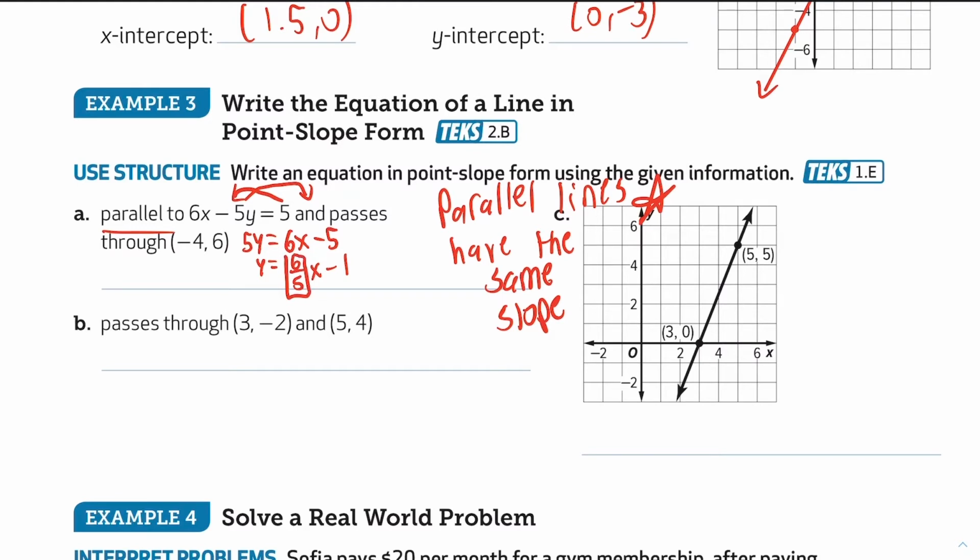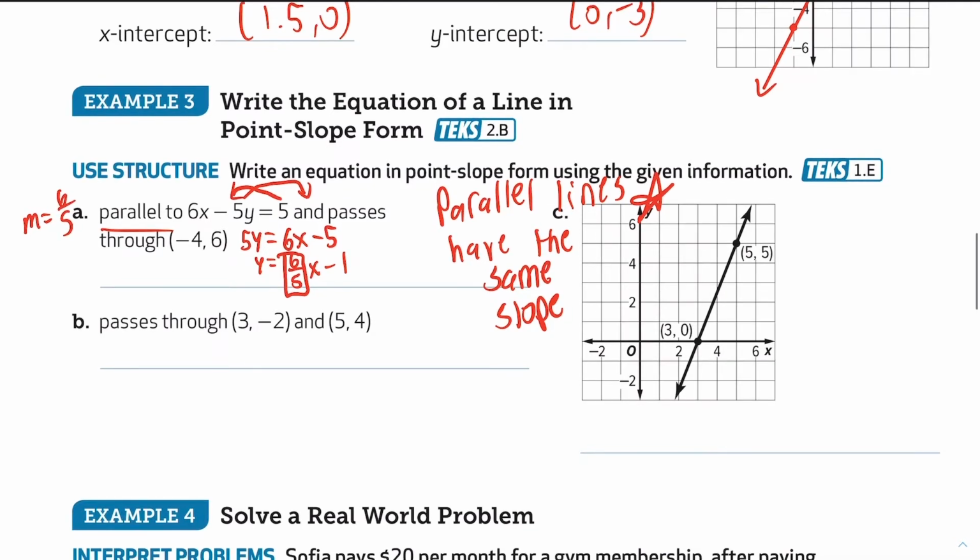And this piece is my slope, so I'm going to use m equals 6/5. y minus, and we're going to use this point, 6 equals 6/5 x plus 4. Box it. Parallel lines have the same slope and everything else about them is different. If the slope is the same, then your lines are going to be parallel.